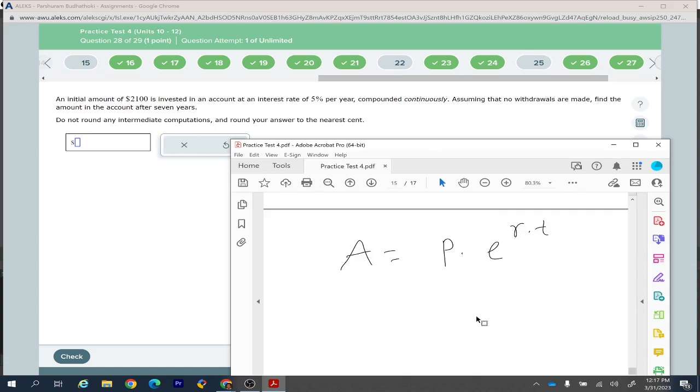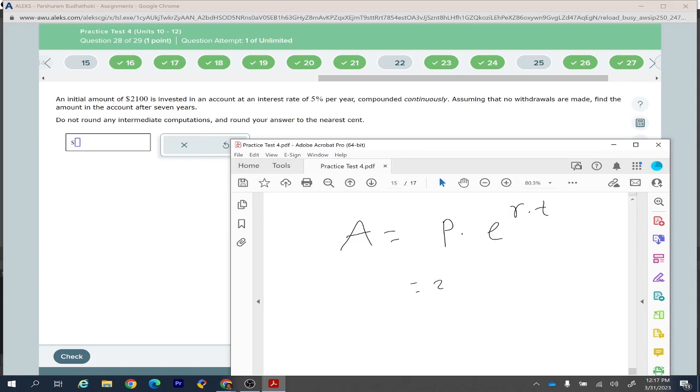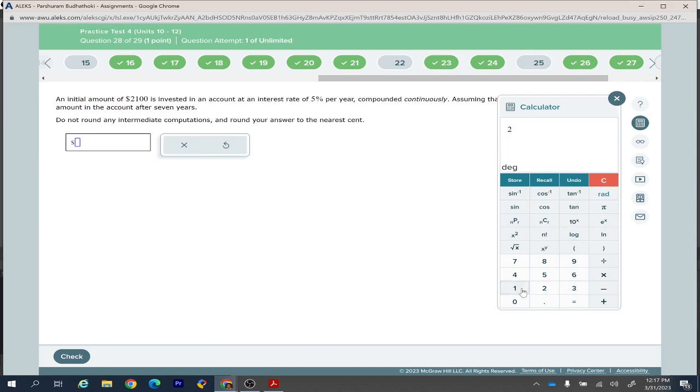You just have to use this formula. So it's 2,100 e to the power 0.05. Time is 7. Just type this using the calculator here: 2,100 times e to the power 0.05 times 7.